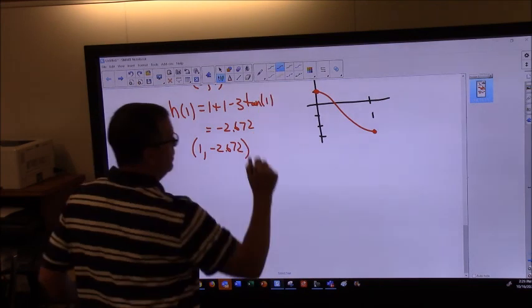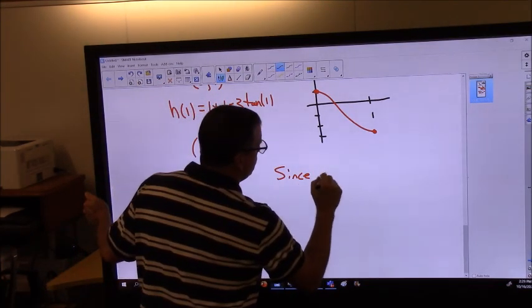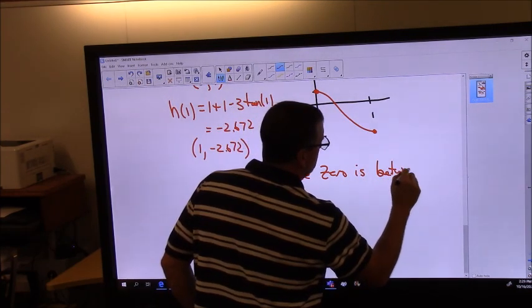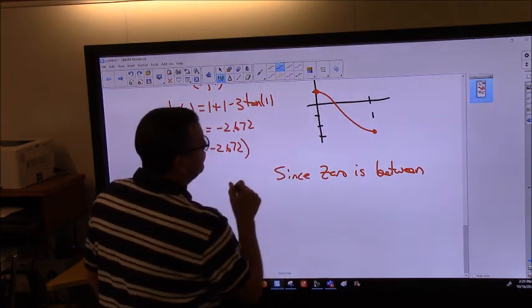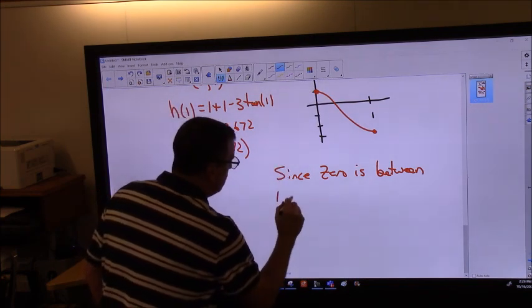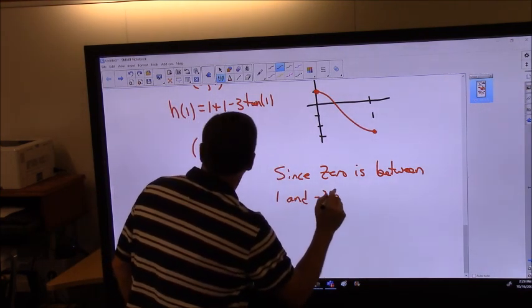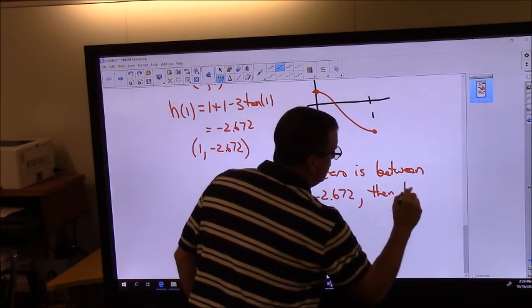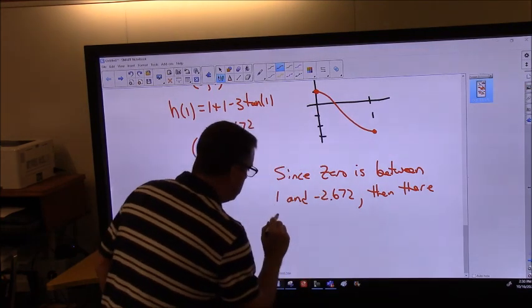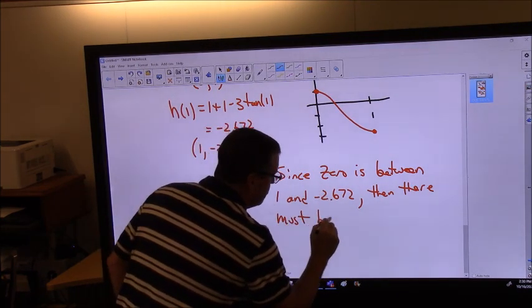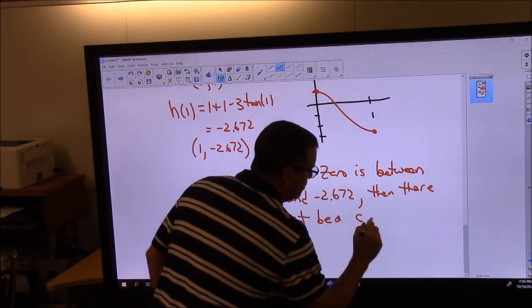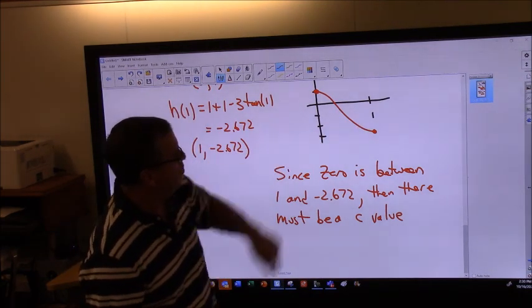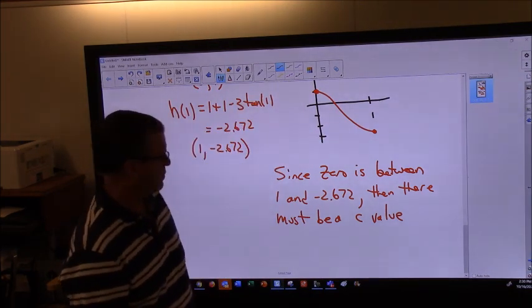So we're going to write that down. Since 0 is between 1 and a negative 2.672, then there must be a C value between 0 and 1 where this function crosses the x-axis.